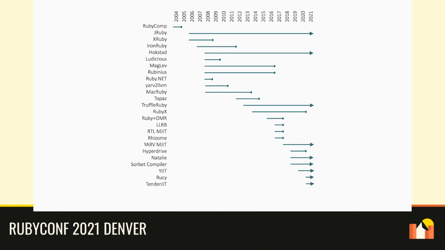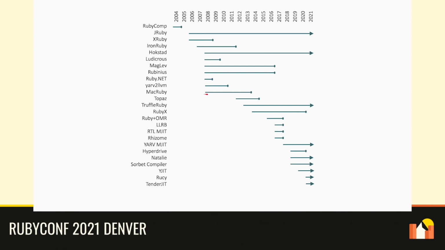I think there's three sort of epochs that happened. So around 2007 there was a large flurry of compilers being implemented. So we had Hotstats, Ludicrous, Maglev, that's Ruby on top of Smalltalk, Rubinius, Ruby.net, Yarv to LLVM, and MacRuby all started around this time.